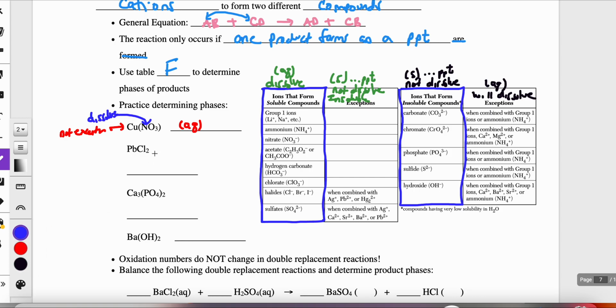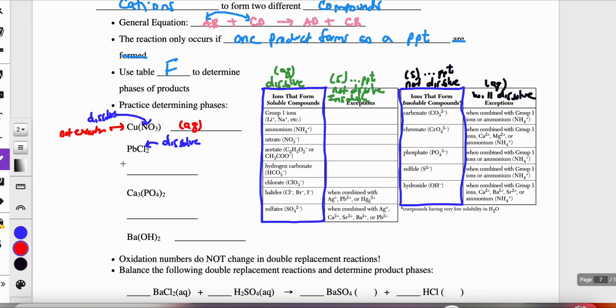Now our next example is PbCl2. Pb, I don't see it in this blue list, and I don't see Pb in the other blue list. So now I'm going to look for Cl. And when I look down, right here is Cl. Cl, if it's in a compound, is typically soluble. So Cl typically will dissolve. When I take a look, there are exceptions.